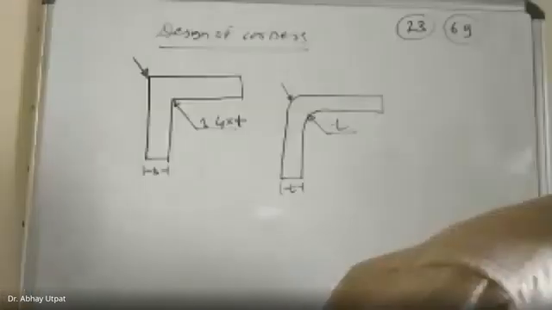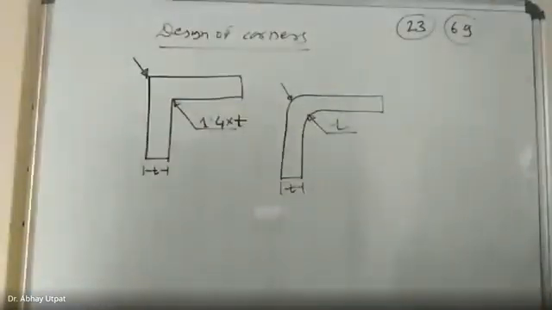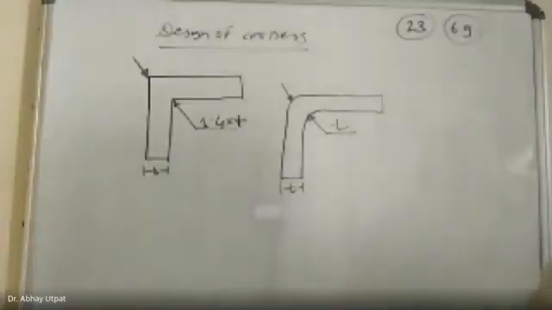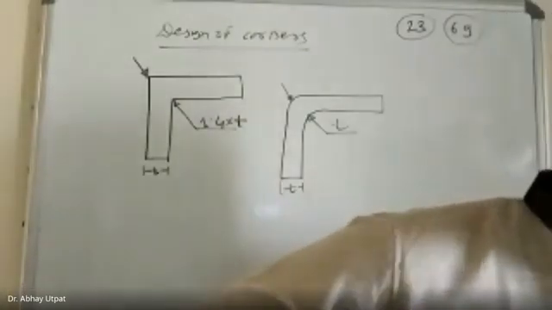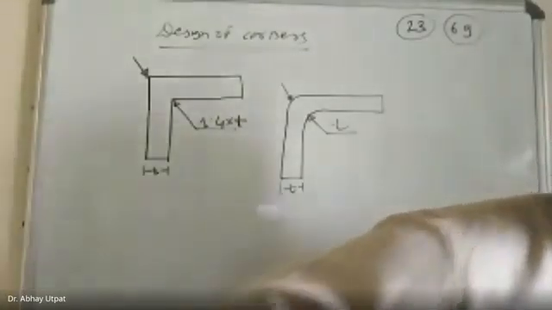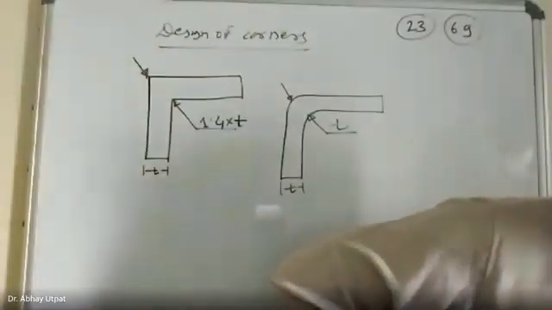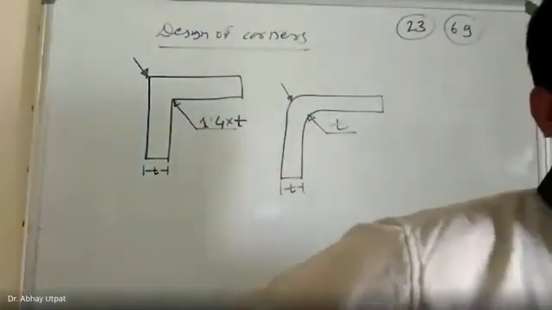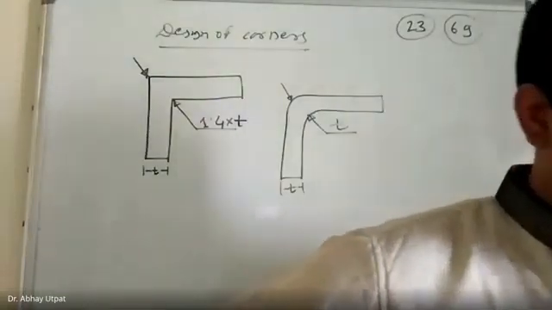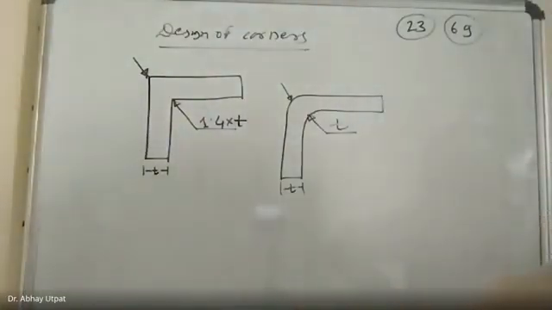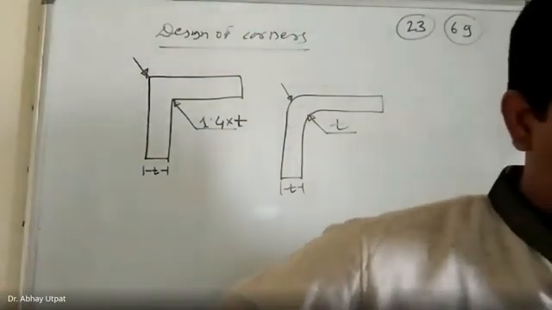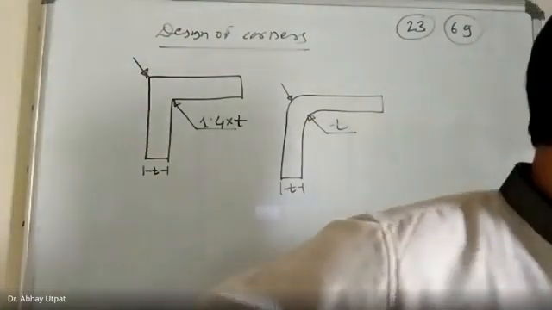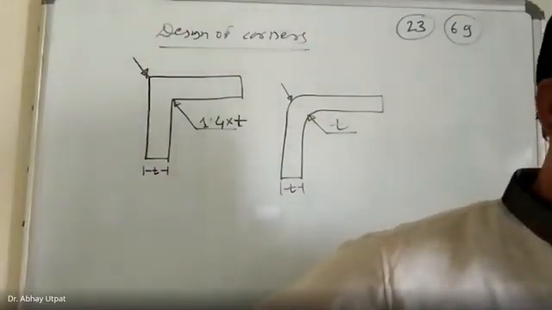Wall thickness increases 1.4 times more than nominal wall thickness at the corners. Full stop.